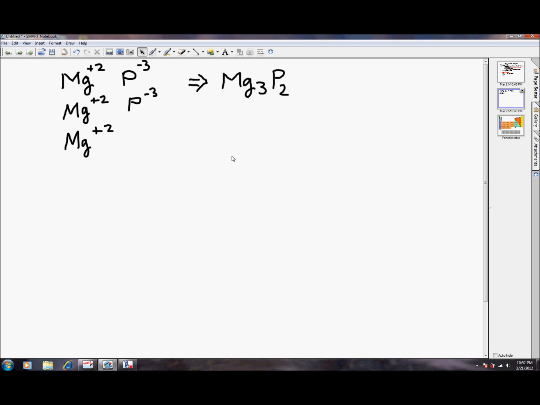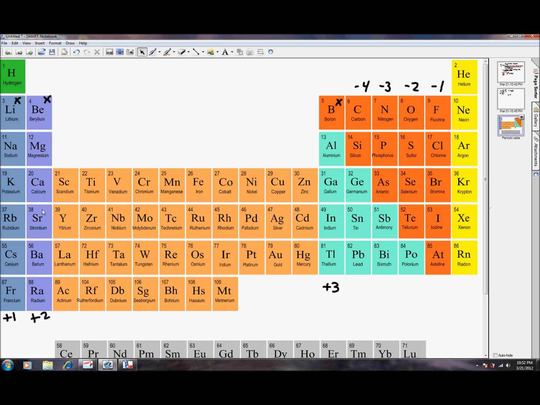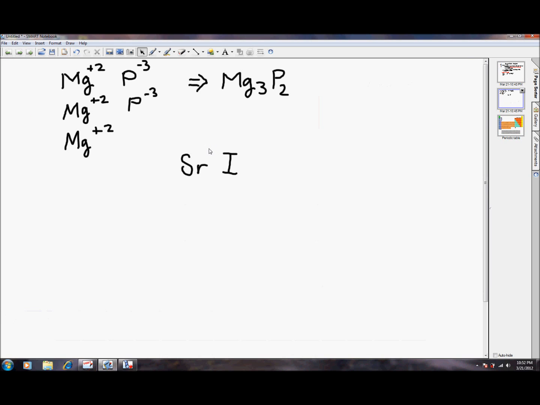Now, we'll do one more. We'll see if you notice the pattern by now. Let's do strontium, Sr, and iodine, I. Periodic table: Sr, +2. Here's I, -1. So we have +2 and -1.